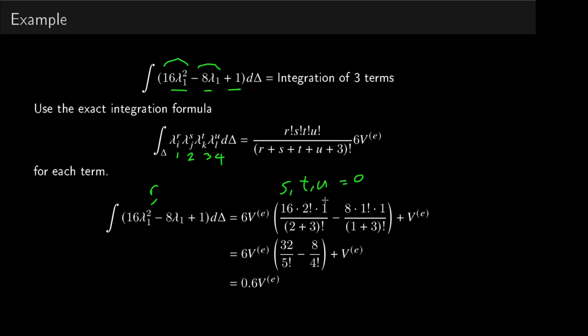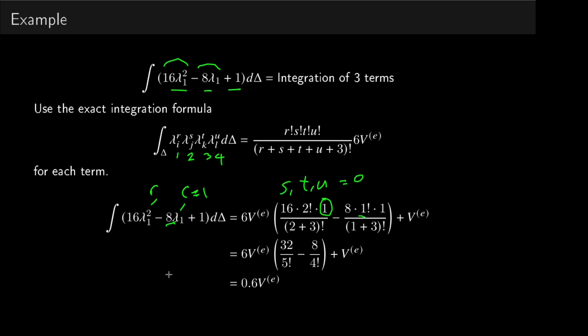We're going to have 16 times 2 factorial times 1, since we have 0 factorial for the rest of the degrees there, and then 2 plus 3 factorial. Then for the second term, you have the coefficient 8, and the degree for lambda 1 is just 1, so we have 1 factorial, and the rest is the same.